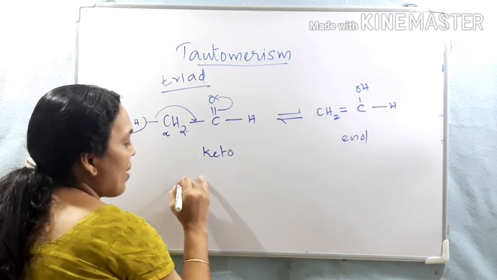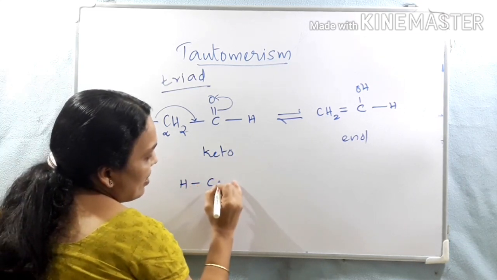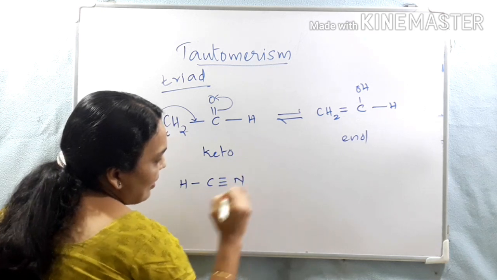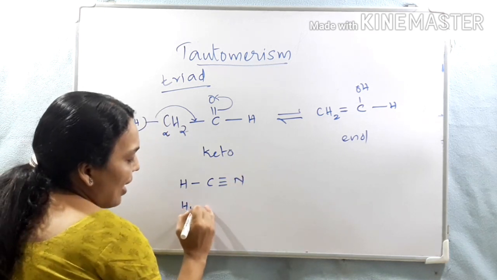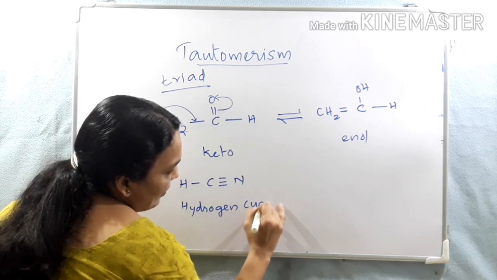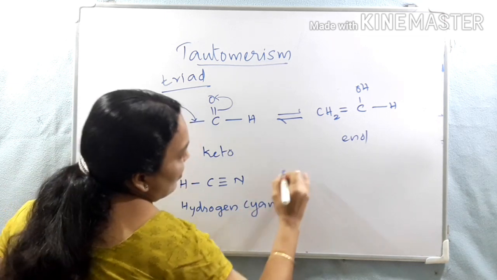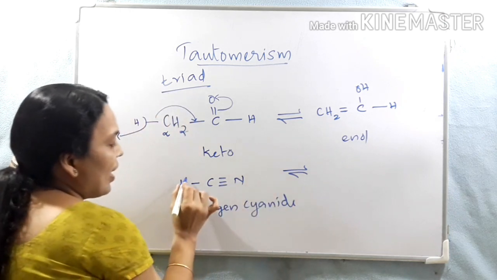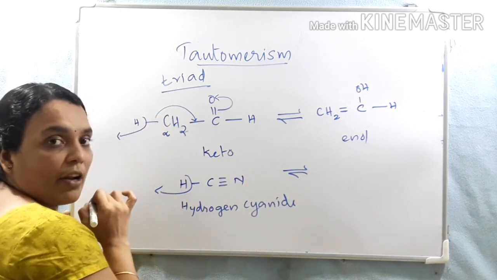Let us see another example, like HCN. What is this? Hydrogen cyanide. And here one H plus ion is released from here.